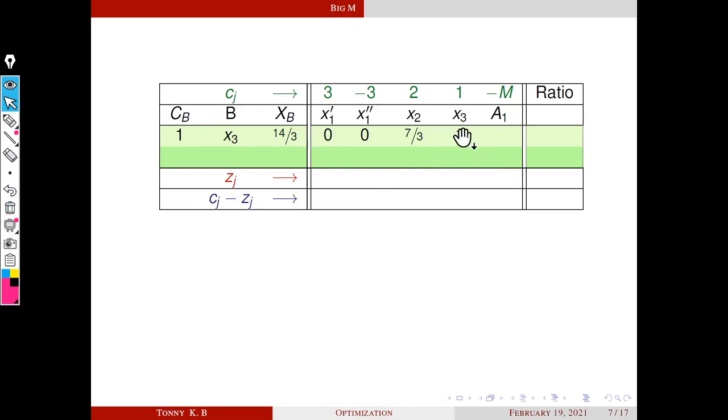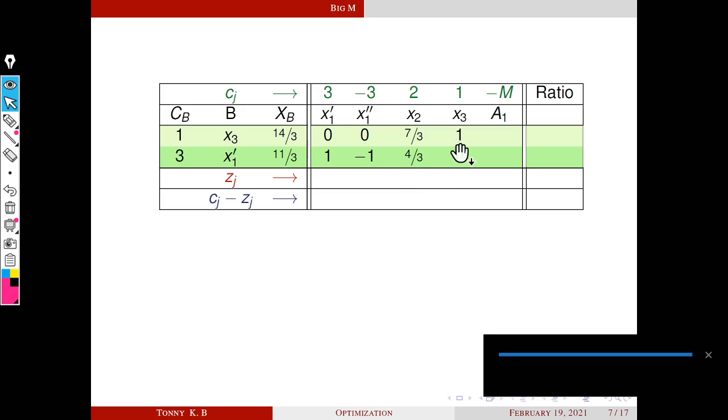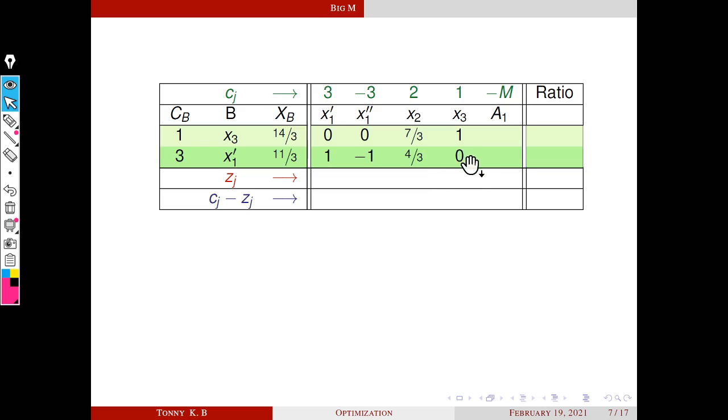Anyway, this term is 1, and next this becomes 0 using the corresponding elementary row operation. No need to compute the column corresponding to the artificial variable. Okay, so these are the Zj's, and this is our Cj minus Zj. Now all the Cj minus Zj's are less than or equal to 0. This is the indication that this modified LPP is in the optimum state.